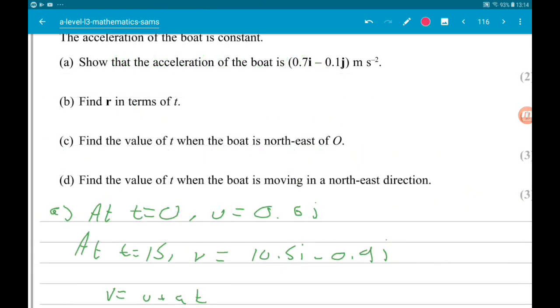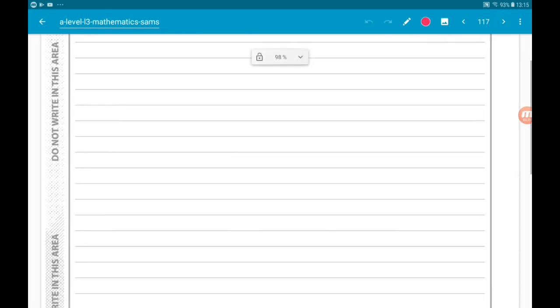Okay then, but C wants us to find the value of t when the boat is northeast of O. So northeast is exactly halfway between north and east. So that means the I and j components of R have to be equal. So we should probably start by saying that.